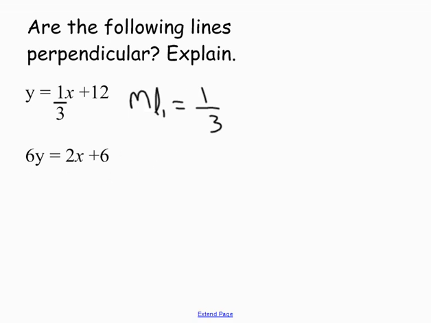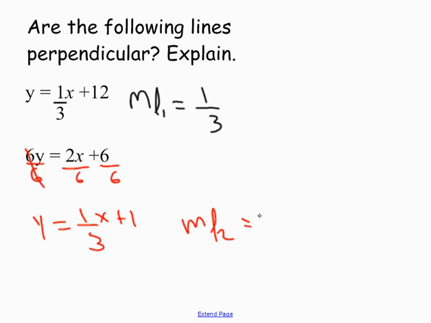Let's find the slope of line 2. Well, we have to put this in y equals form first. So you divide everything by 6. These cancel out. We get y equals 2 over 6, which reduces to 1 over 3. So we get 1 over 3x plus 1. So the slope of line 2 is 1 over 3.